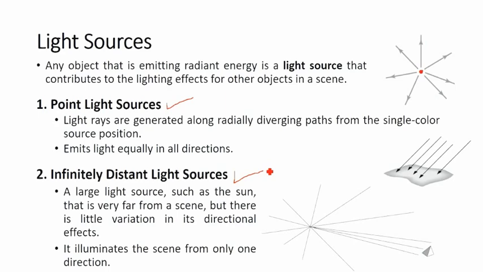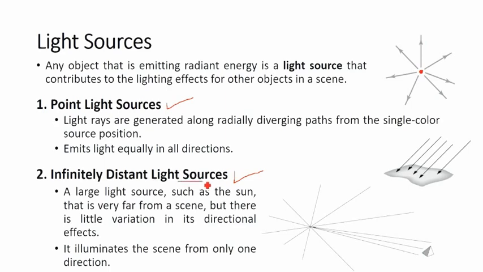For example, we can consider the sun, which is way too far away from where we are, and still our world is getting illuminated. Similarly, in computer graphics, we can have a light source which brings light from some infinite distance into the scene. Such a light source is called an infinitely distant light source.